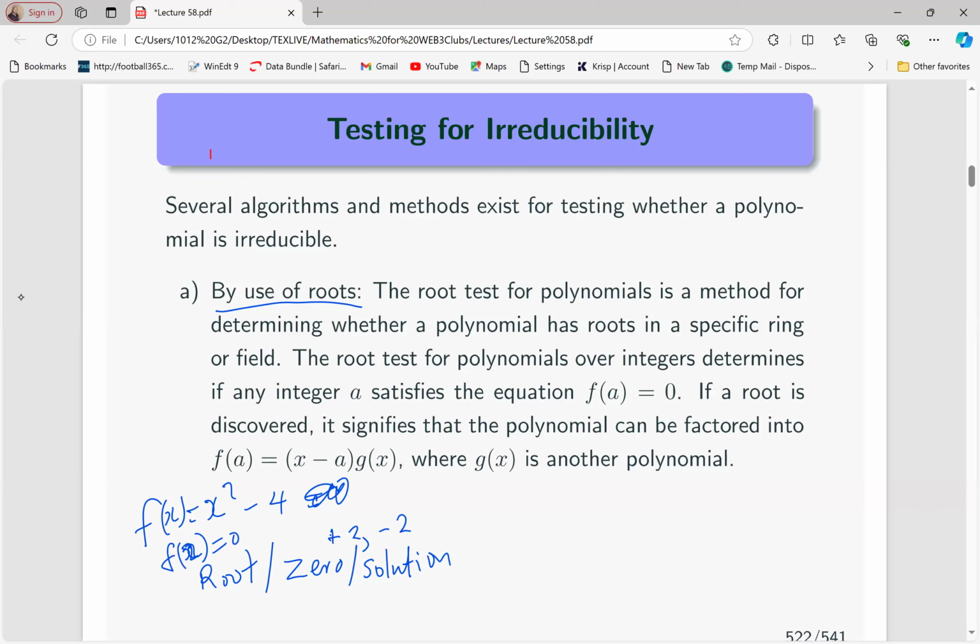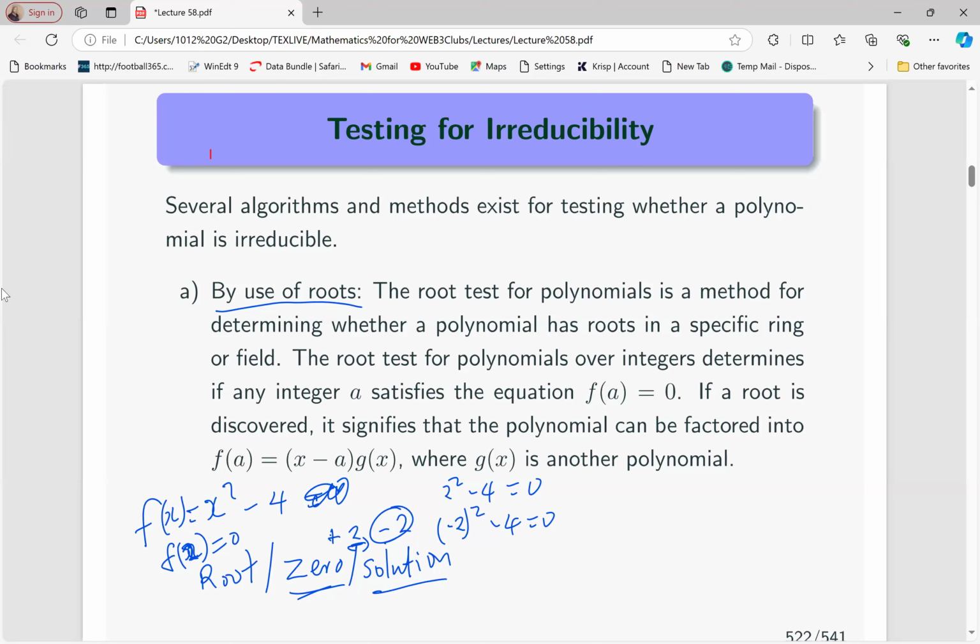For instance, when I put 2 where there is x, it will be 2 squared minus 4, and that will give me 0. If I put negative 2, I get the same thing. Negative 2 squared minus 4 again gives me 0. So that means 2 is a root or a zero or a solution. And even negative 2 is a zero or a solution.